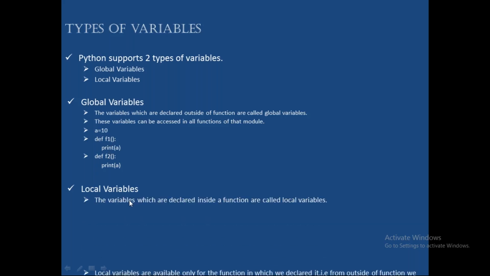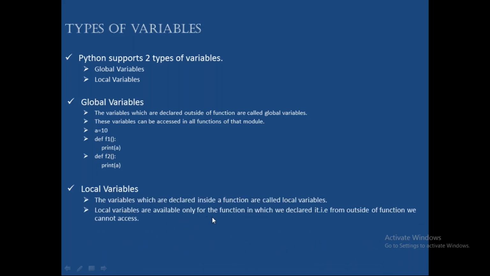But local variables are available only for the function in which we declare. That is, from outside of the function we cannot access. Example, def f1 a equal to 10 print a. Now you have def f2 print a. It will throw an error. F2 will not have any value a.